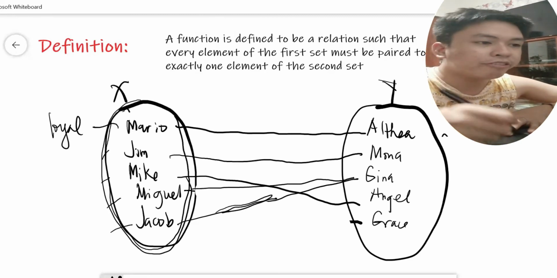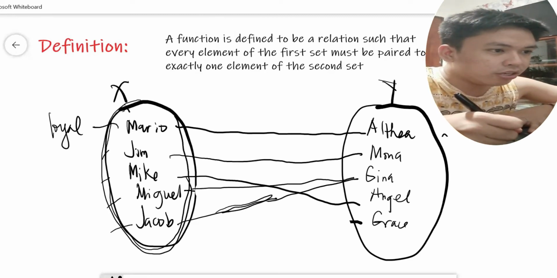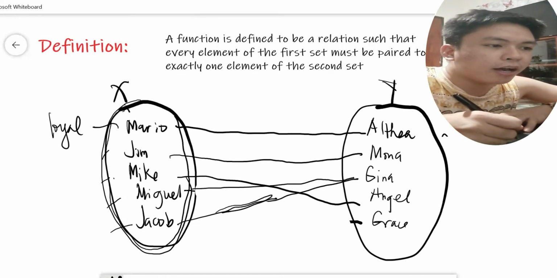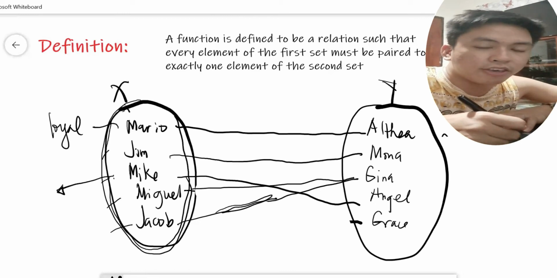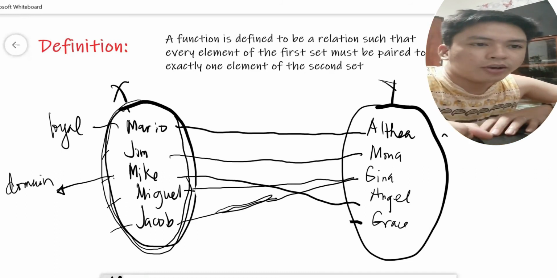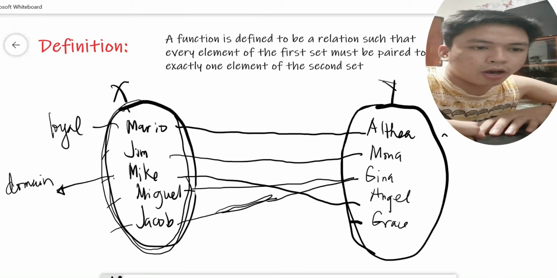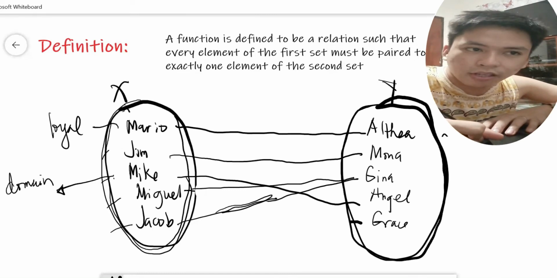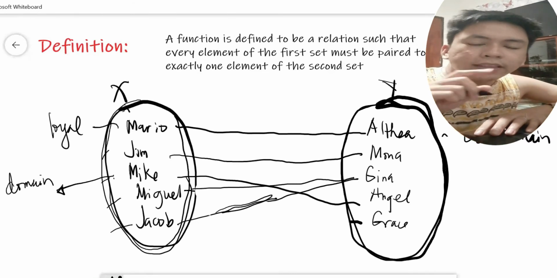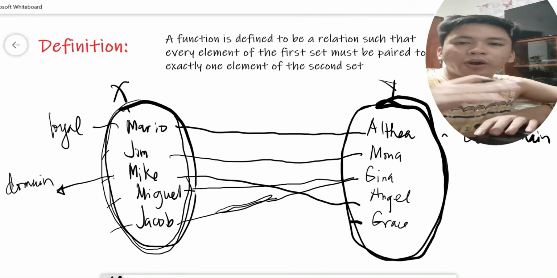So, for the definition of a function, the set of boys here that are being taken, because of course they should be taken to qualify as a function, this set here is called the domain of the function. Now, this set here, the Y, the names of girls, Althea, Mona, Gina, Angel, and Grace, this set is the codomain. But do we have a name for those who are taken or not?